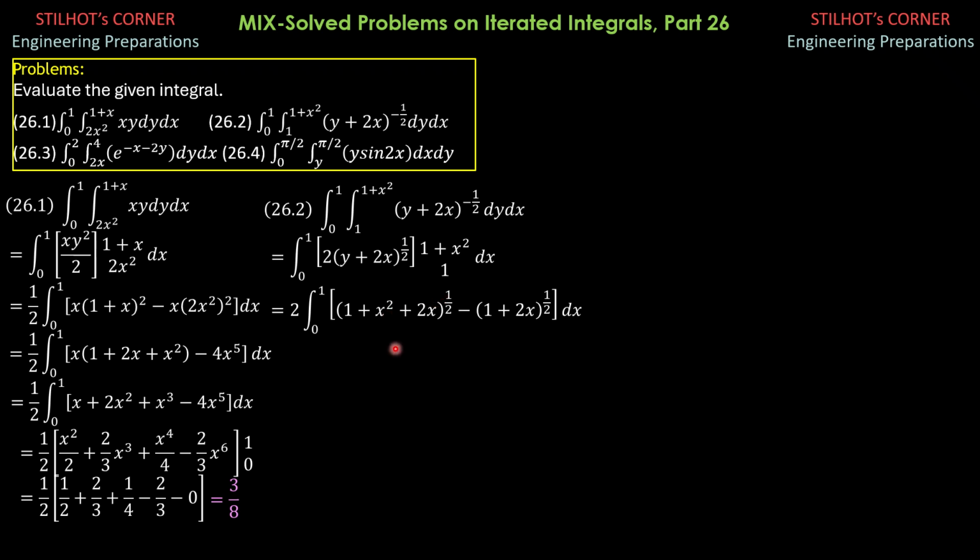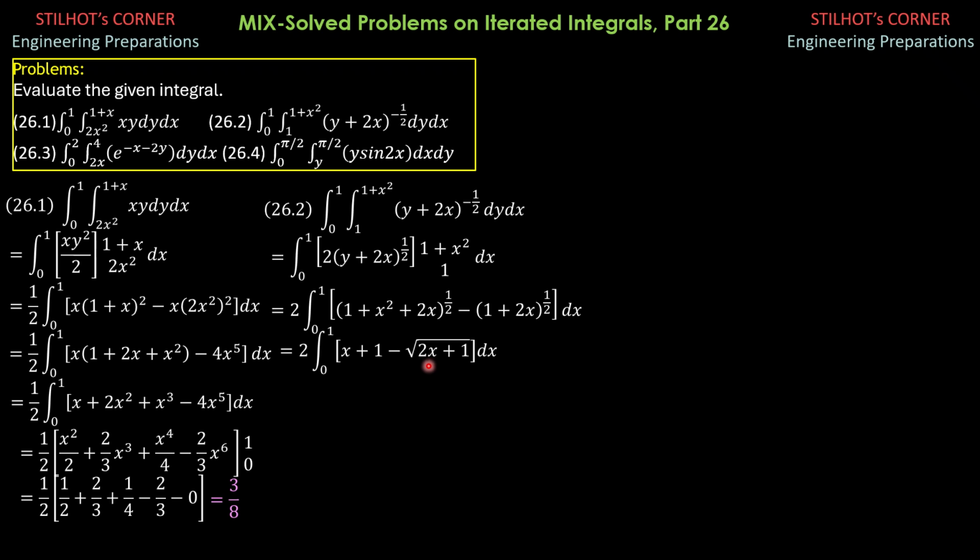So this is 2 integral 0 to 1 of quantity x plus 1, then minus square root of 1 plus 2x dx. So we treat x plus 1 as one term only. So this is x plus 1 squared over 2. Then there is constant 2x here.